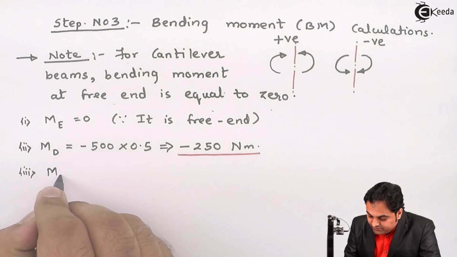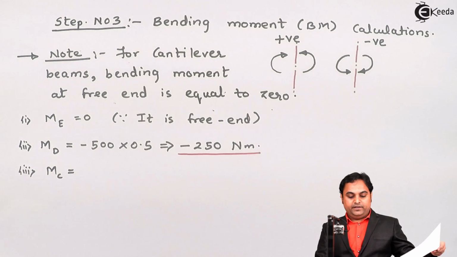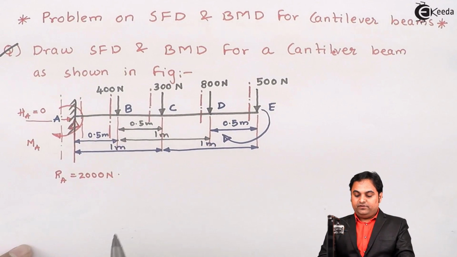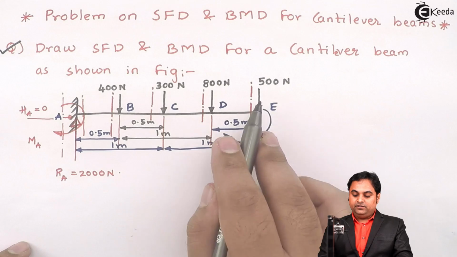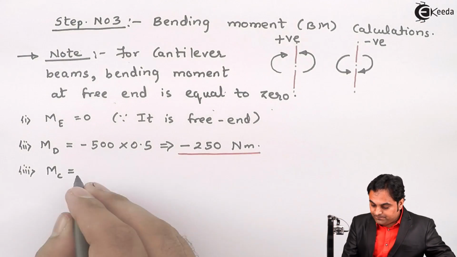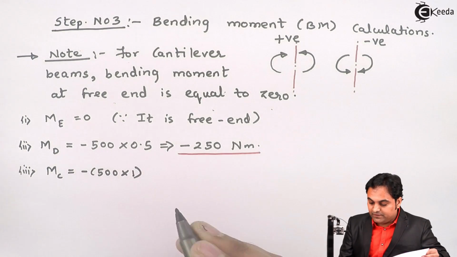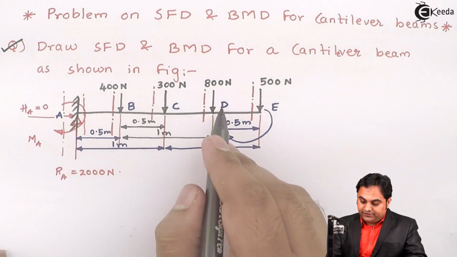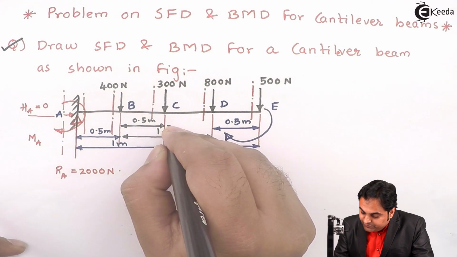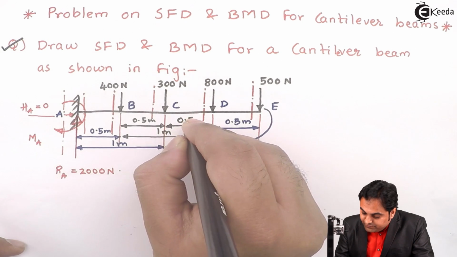Next, moment at point C is equal to, again here we have point C, so on the right hand side 500 into 1 producing clockwise, so negative. Then 800 into this distance from C to D, which is 0.5 meter.